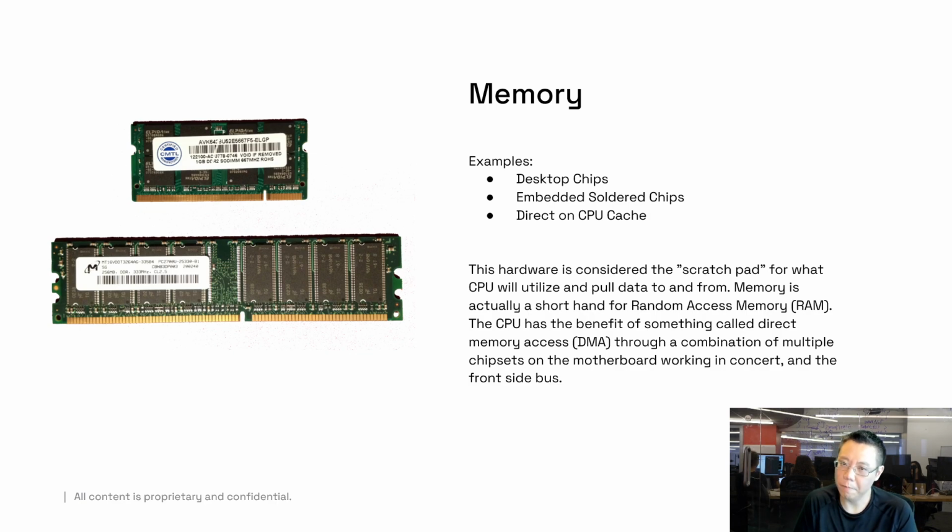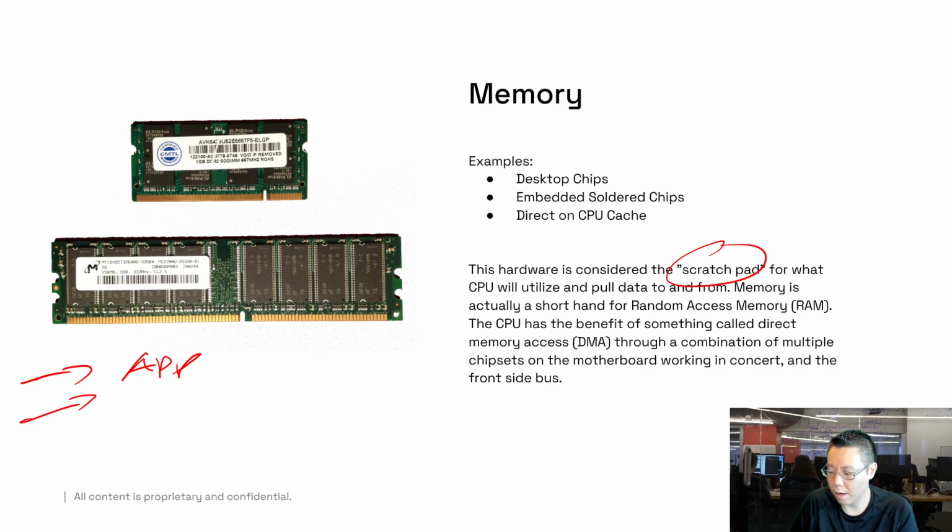Now, speaking of memory, memory is that scratch pad for your CPU to have extra buffers. What does that mean? So your hardware of memory is really temporary storage space for something. Loading in applications, right? If you loaded an application into memory, you're running that application because it's the fastest way to run it. You don't want to run it from a hard drive. You want to load it into memory for best processing performance.